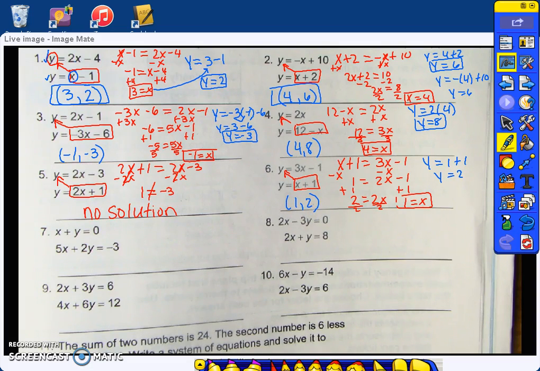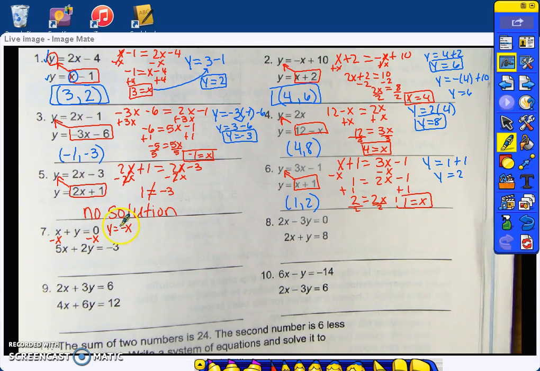Number 7. I do not have a variable by itself, so I'm going to need to isolate one. At this point, you need to pick a variable that does not have a coefficient. I'm going to isolate y, so I'm going to subtract x from both sides. Y equals negative x.